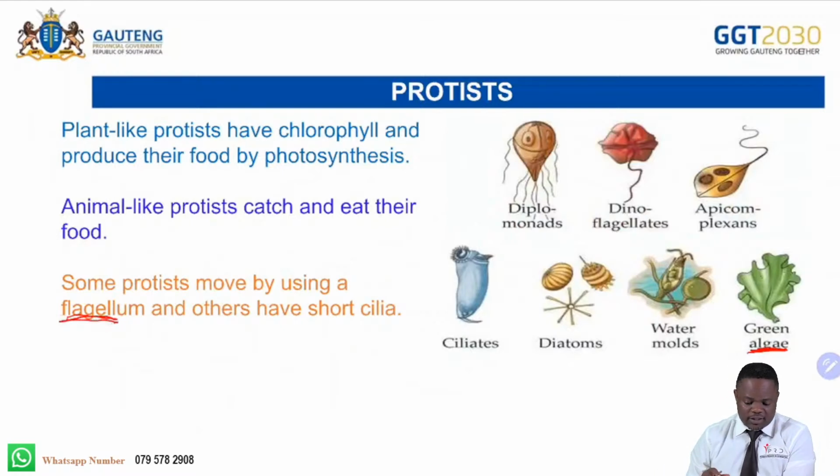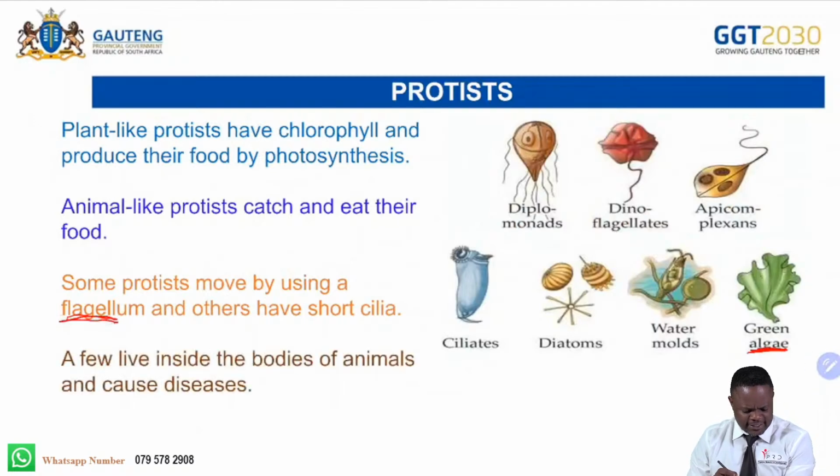We don't want to talk much more about that at this stage. So these are some typical examples of your protists. Some live in the bodies of animals and can cause diseases, as we shall see, which kinds of diseases are caused by our protists.